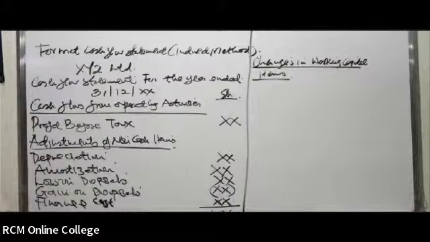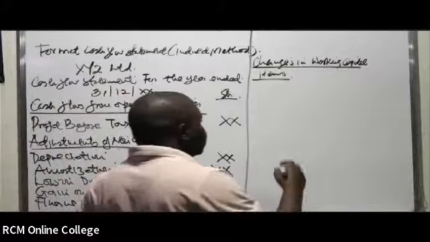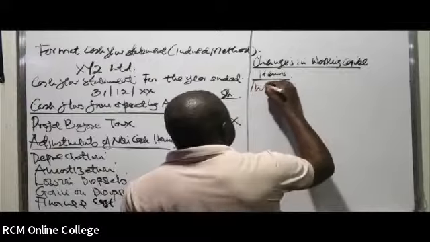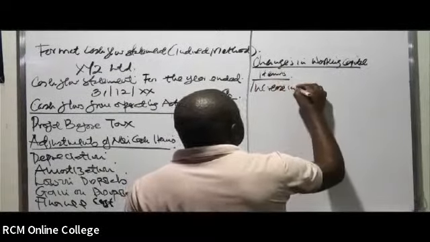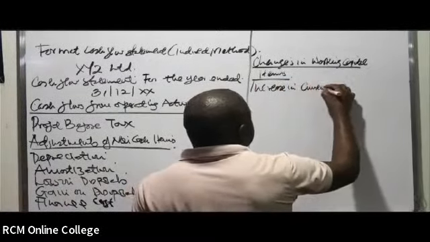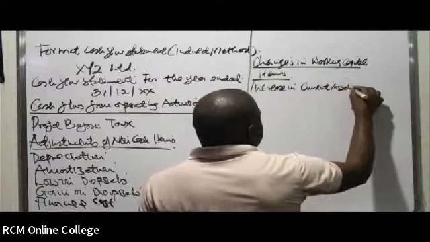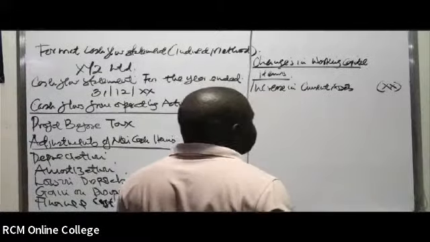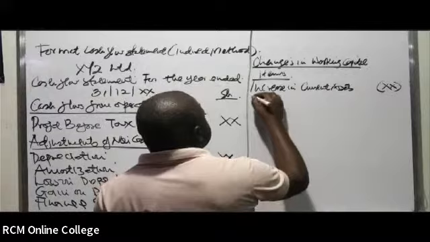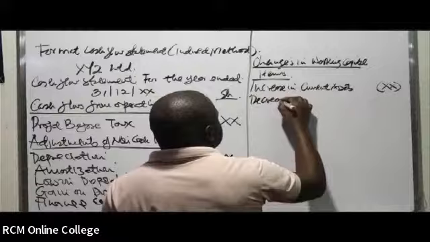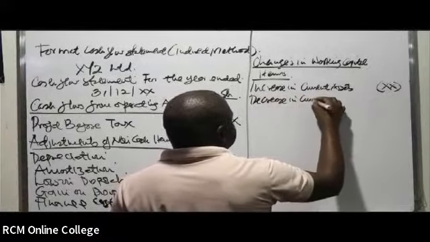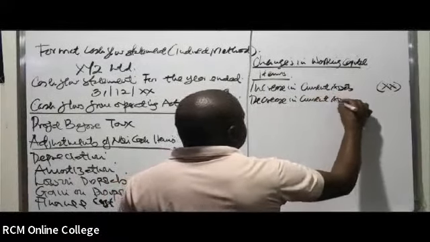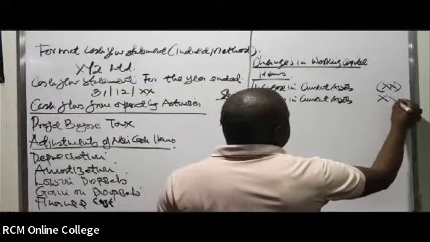So in this case, if there is an increase in those current assets, you likely end up having to deduct. Then a decrease in current assets, you likely end up having to add. So they operate like that. If those current asset items increase, you deduct. But if they decrease, you likely end up having to add.